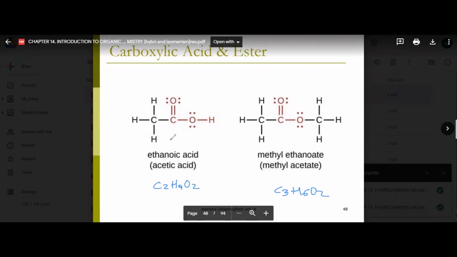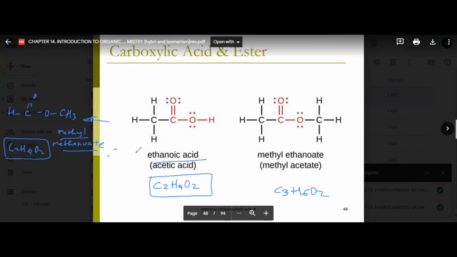So the functional group isomer for ethanoic acid should be, how about the ester? HCOOCH3, methyl methanoate, C2H4O2. The isomer of ethanoic acid is methyl methanoate. They have the same molecular formula C2H4O2 but different functional groups.